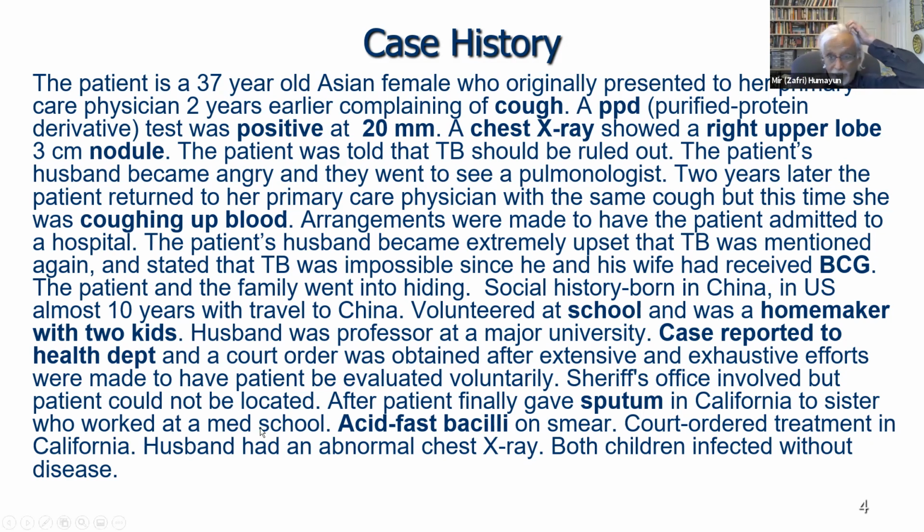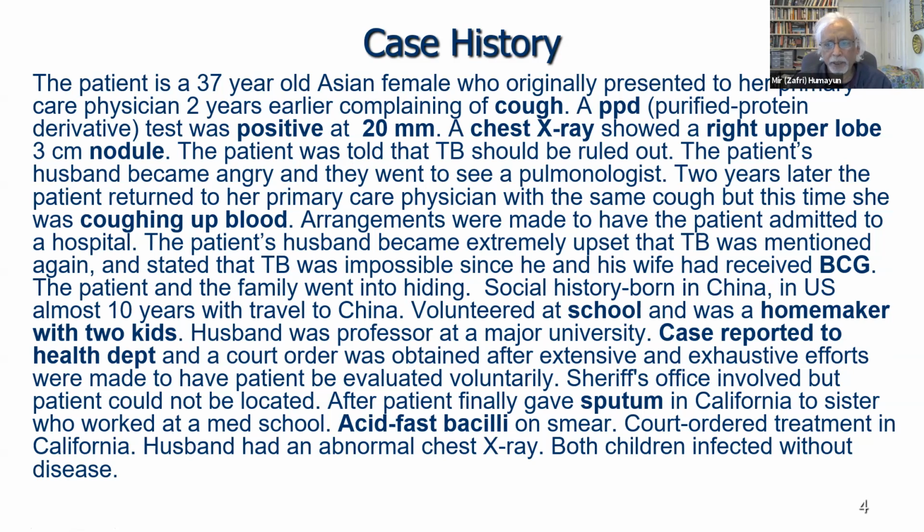The patient, by the way, this is an actual case I pulled from the literature in the 1990s at some point, but I compressed this to fit a single slide. The patient is a 37-year-old Asian female who originally presented to her primary care physician 2 years earlier complaining of cough.